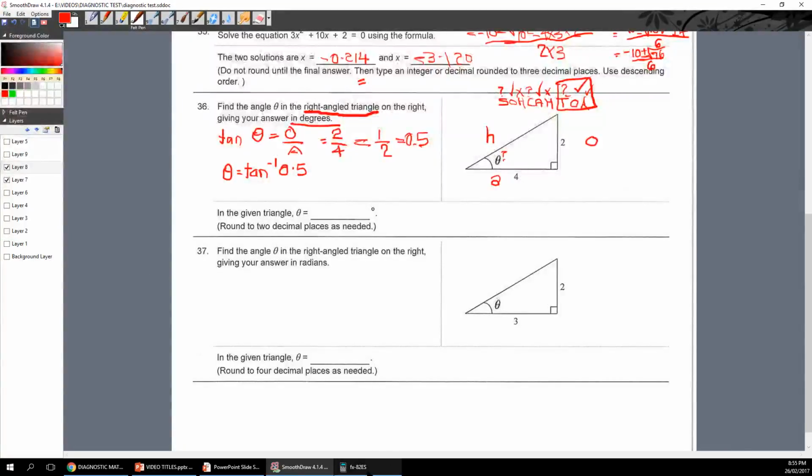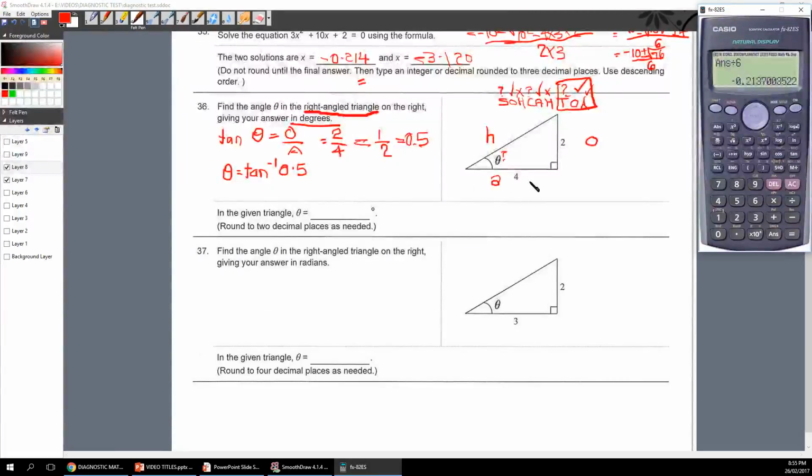So here's our calculator. I don't know what mode it's in. It's not really telling us. So here's our mode key. Push the mode key: Comp, Stat, Table.